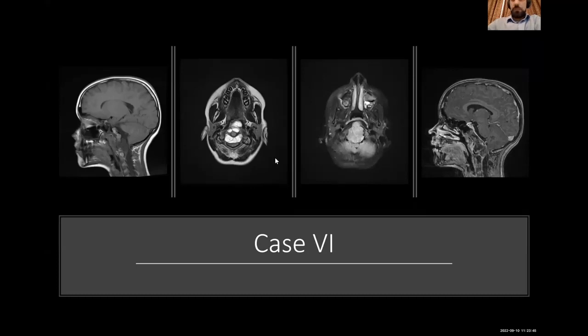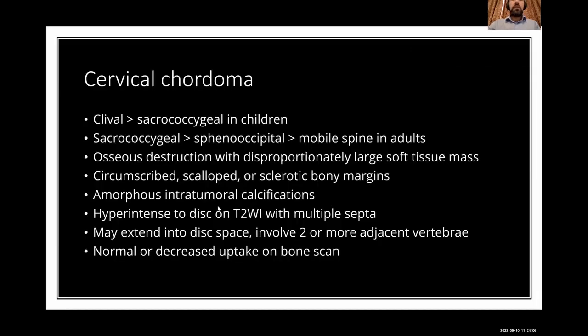Okay. It is chordoma. I think the other differentials are accepted also, but this is midline cervical chordoma in children. Chordomas are more common in the cervical region in children, and in older age it is in the sacral region. It is in the clival and sacrococcygeal regions, more commonly sacrococcygeal in adults.